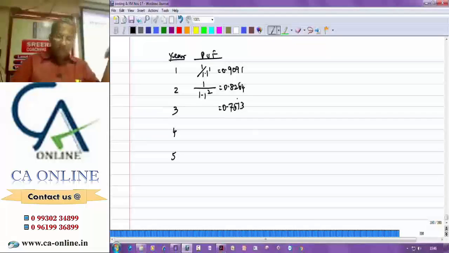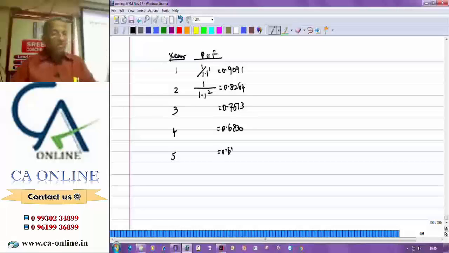Then 0.6830. 0.6209. So 1 divided by 1.1, you press the equal to sign, and thereafter press only the equal to sign to get the numbers. If you are not getting that in the calculator, it's not a calculator at all. Throw the calculator out.